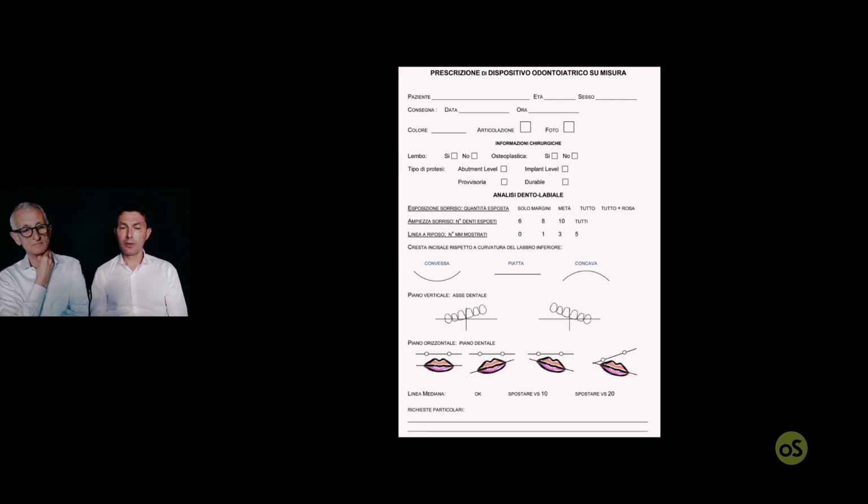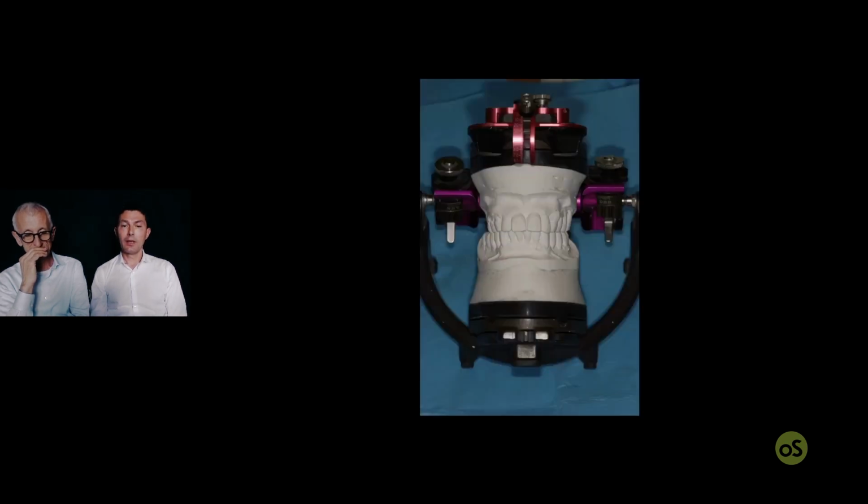It's important for me to know if the midline is good or not, and if you need to change, and also the smile line. And for sure, if it's white or pink. In this case, it's white. And so this is all the information that the doctors are sending to you.